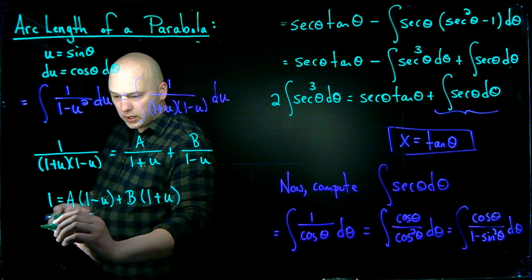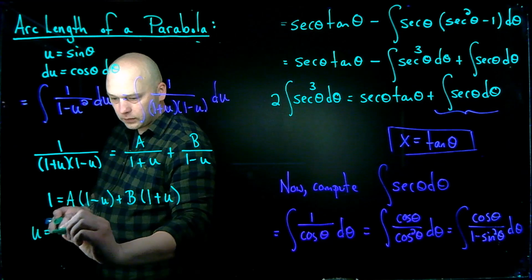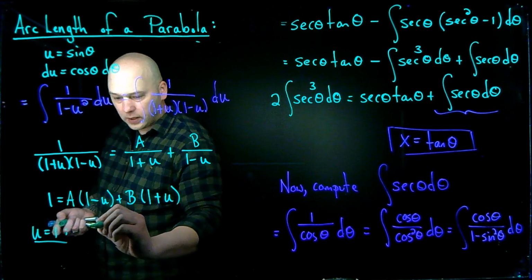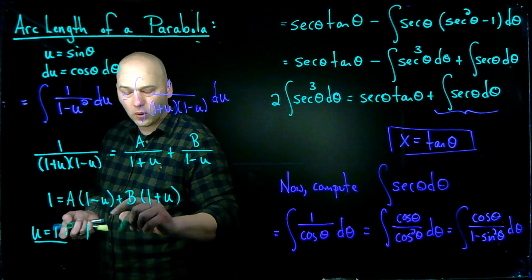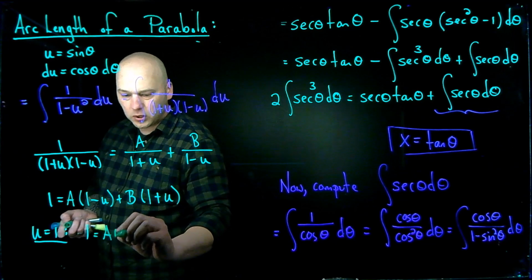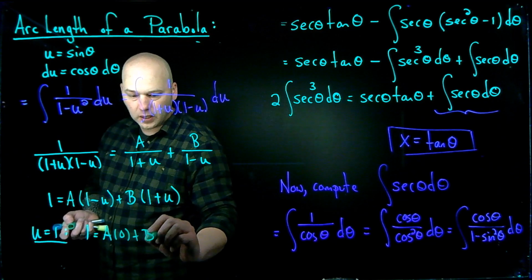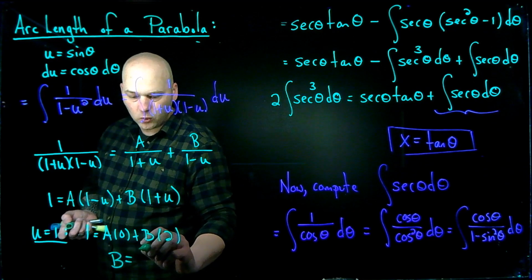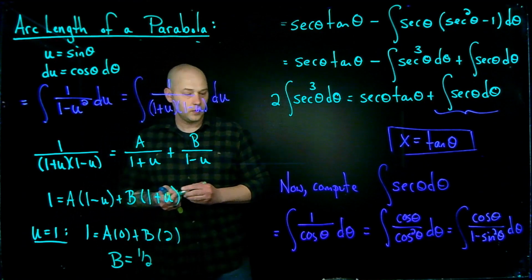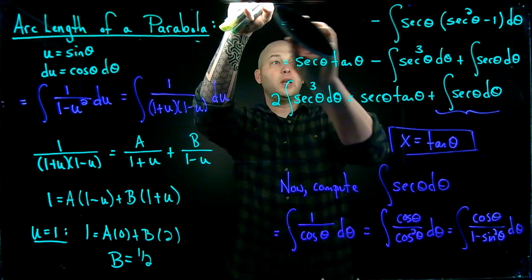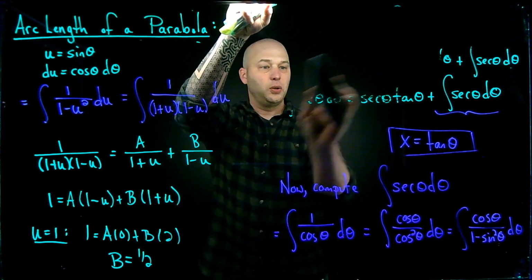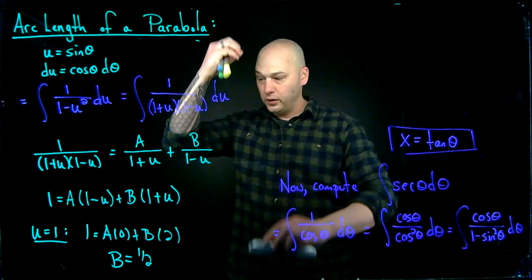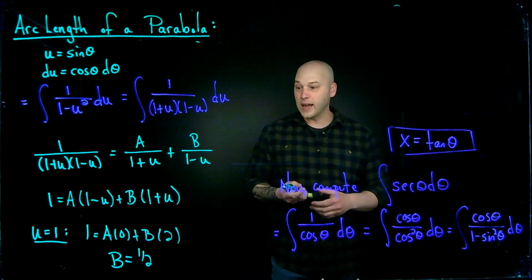So if u is equal to 1, this term zeroes out, right? It's going to be A times 0 plus B times 2. Therefore, the coefficient B is 1/2. Okay? And then coming over here, the other convenient value for u is negative 1.